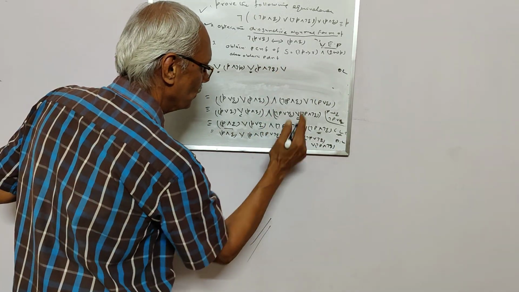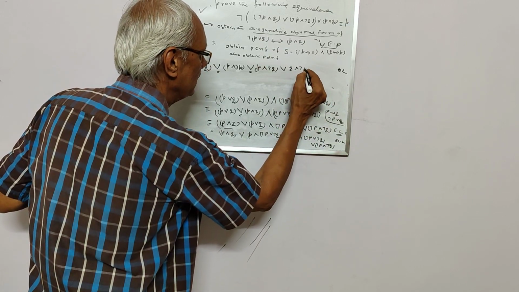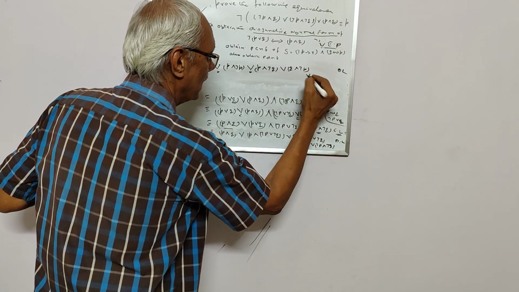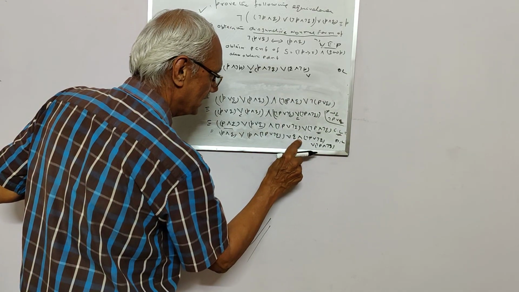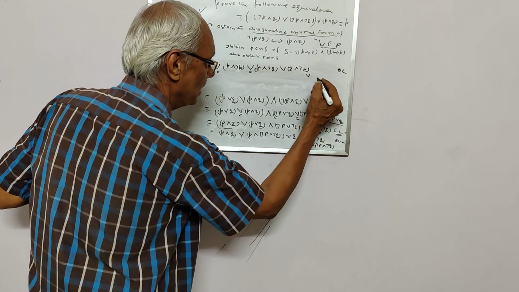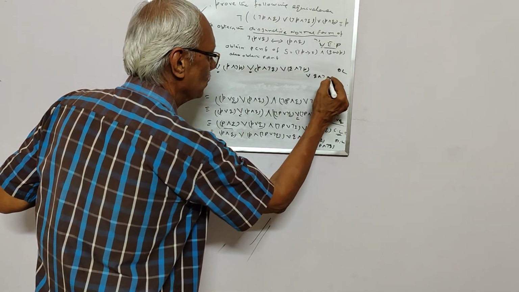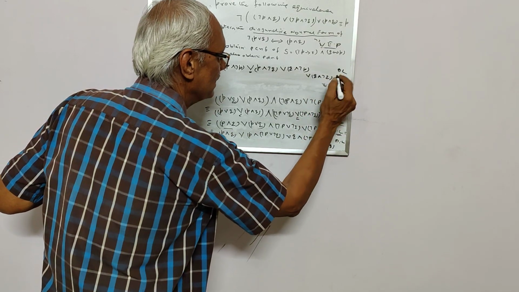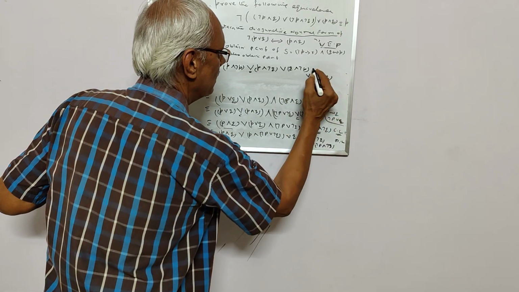Then similarly you do this: Q conjunction negation P, disjunction Q conjunction negation Q, and finally you have got this.